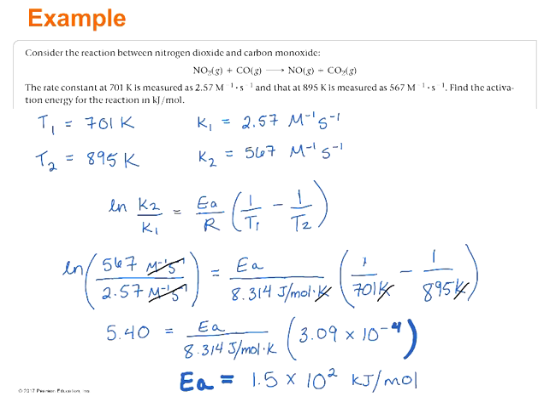All right, so one thing to also check for is activation energies tend to range from tens to hundreds of kilojoules per mole. So we have 150 kilojoules per mole for this reaction, so that does make sense.